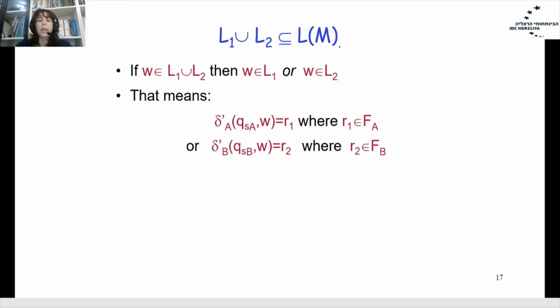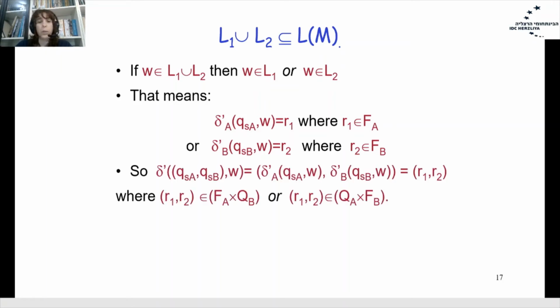That means that if we start reading the word W in automaton A from the beginning state QSA, we will finish reading it in R1, the accepting state, or that if we start reading the word W in the automaton B from the beginning state QSB, we will finish reading it at the state R2, which will be an accepting state. So one of these two cases should hold.